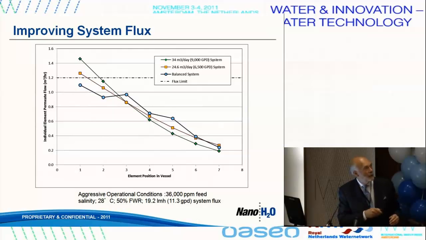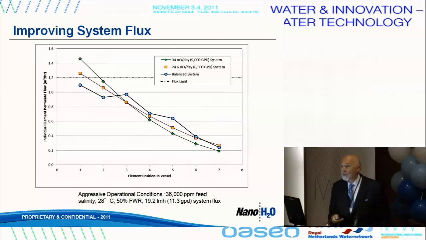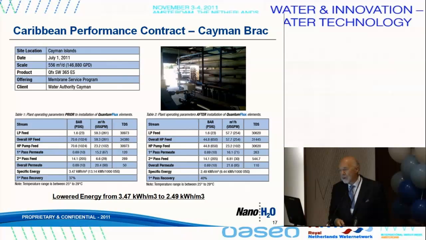On the other hand, if you cut down the lead elements, you have lower flux membranes at the front of the pressure vessel, higher flux membranes at the end. You can run at very high system fluxes, which is much higher than what most membrane manufacturers would recommend. So let's look quickly at what you can do with this sort of system.